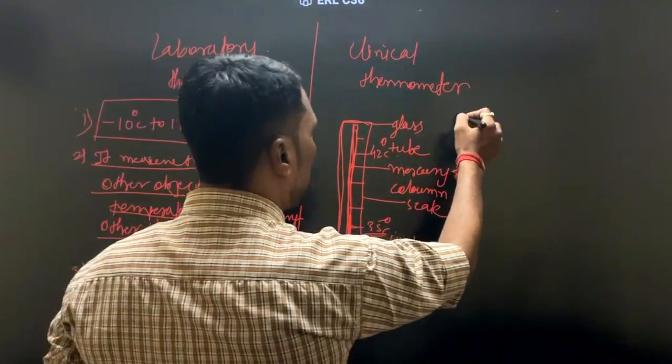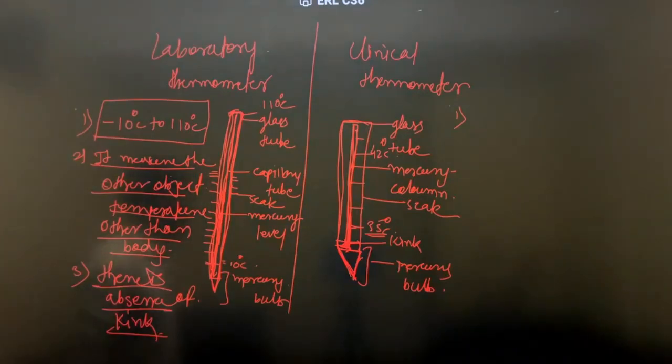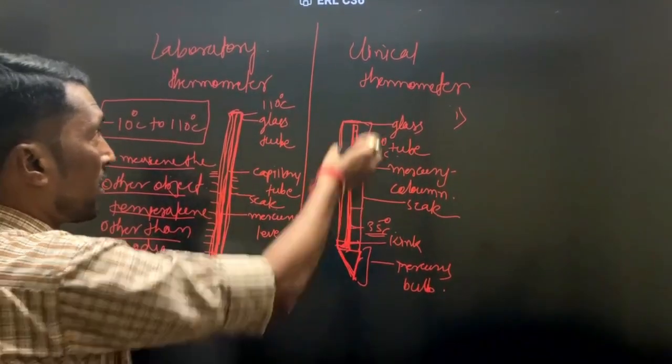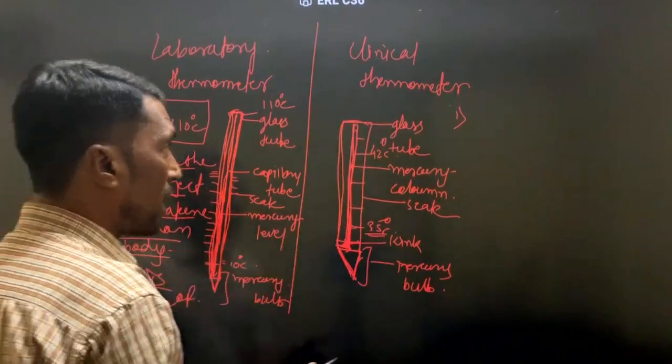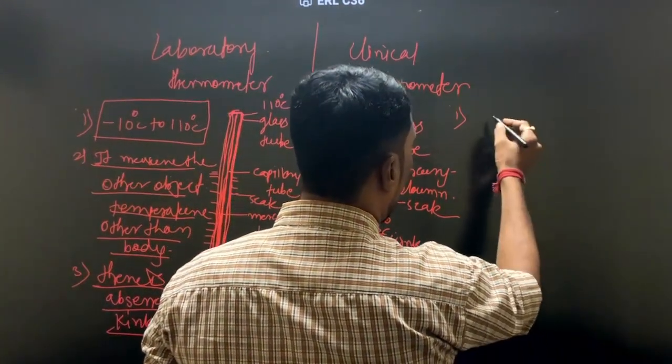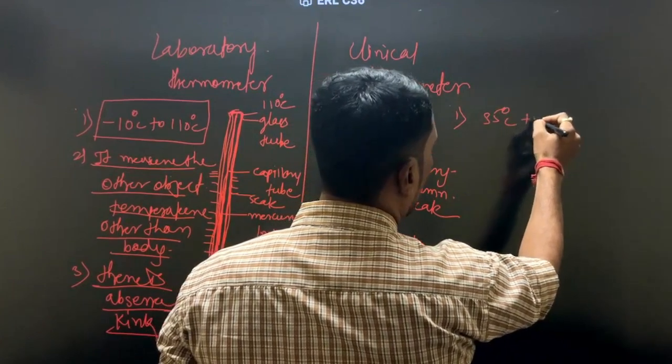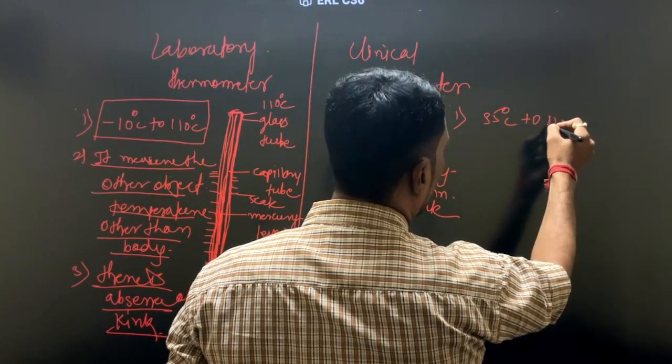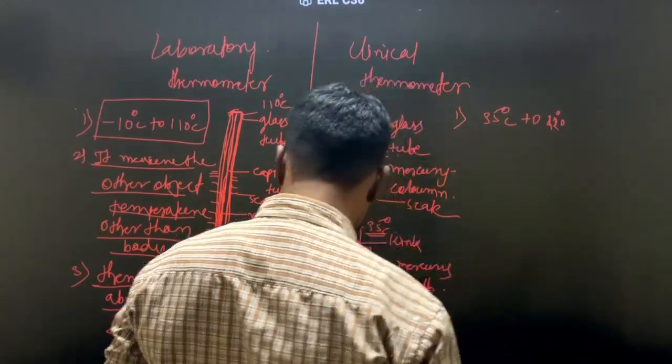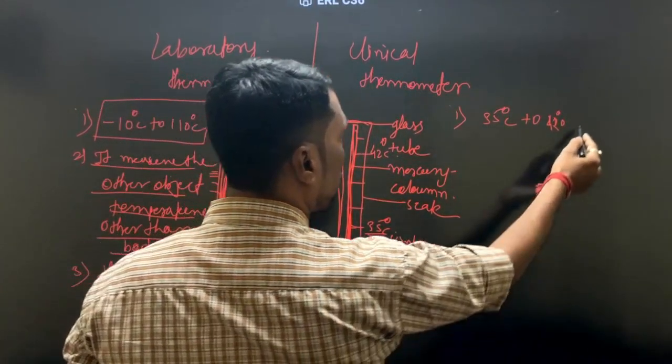So we can write a point here, and after that we can analyze the differences. What is the difference between the laboratory thermometer and the clinical thermometer? The first difference is that the temperature starts from 35 degrees Celsius to 42 degrees Celsius.